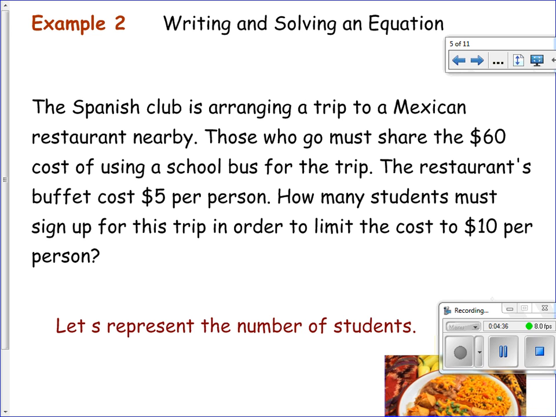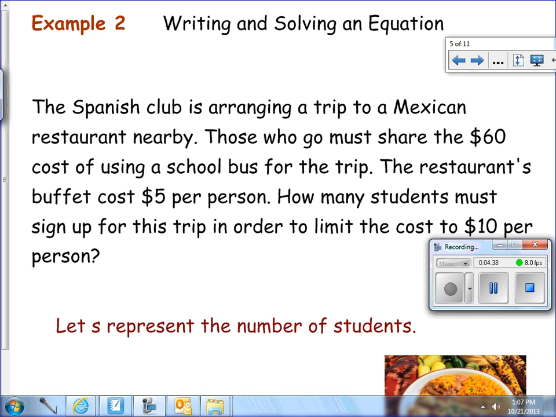What is the constant term that's not going to change that everyone has to share the expense in? Yes? $60. So with that, knowing that a constant term is going to be $60, we're wanting to know how many students can go, not paying over $10 a student. And each student, how much is the buffet for each student?